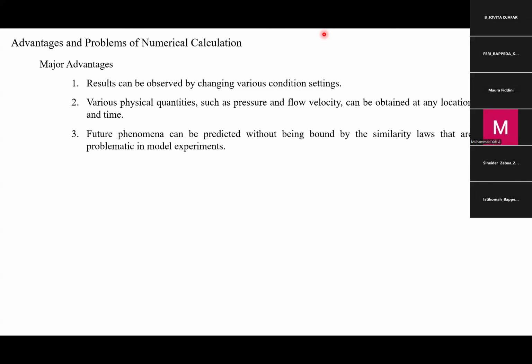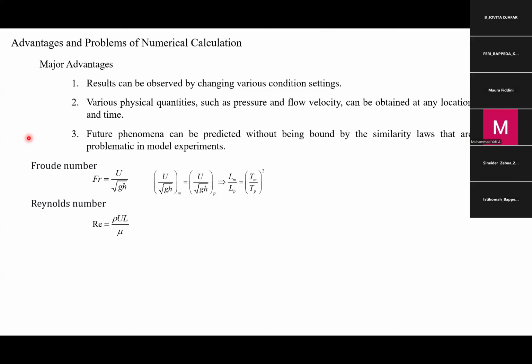This is a very important point because I think you know the Froude number and Reynolds number. These are important numbers in hydrodynamics. And these are the definitions of the Froude number. For example, the spatial scale is 1 to 100.